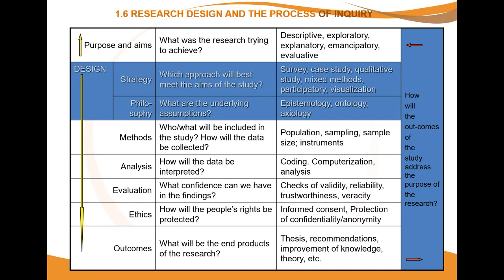And then I can ask, is my study descriptive, exploratory, explanatory, emancipatory, evaluative? Those are just words. Studies can be all of that or none of that. It's up to you. And then based on that, I decide which strategies for data collection would work the best.